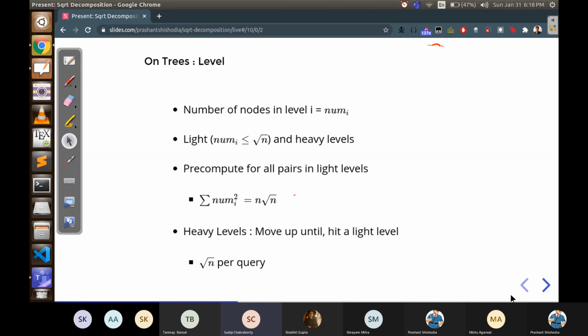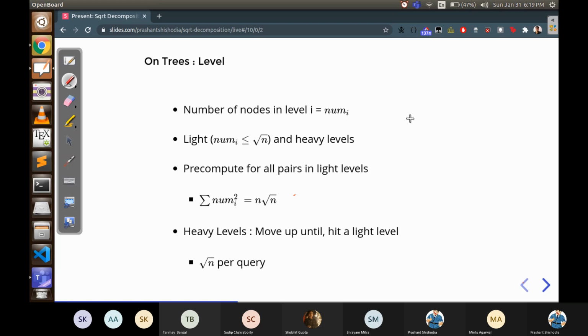So you are saying that there is a chance that if level 4 is light, level 3 might be heavy? Yes. I ignored it intentionally because that's a little bit hard to explain. You can intuitively get it, but it's a little bit hard to explain.